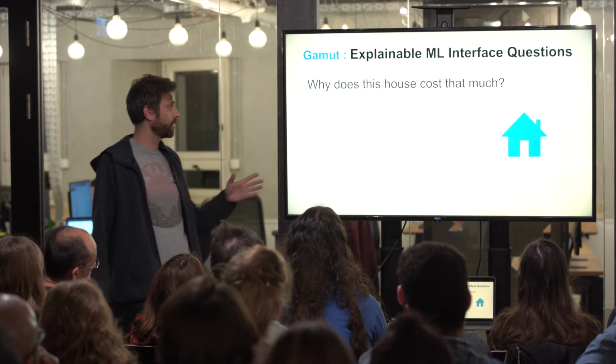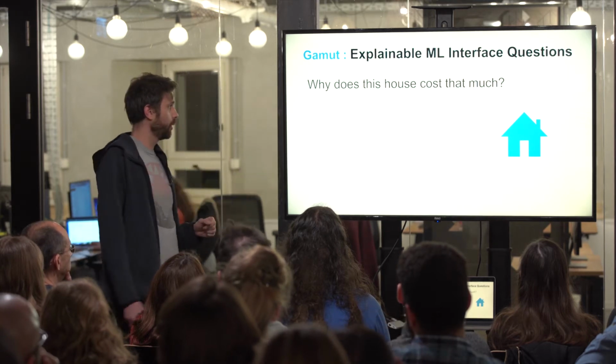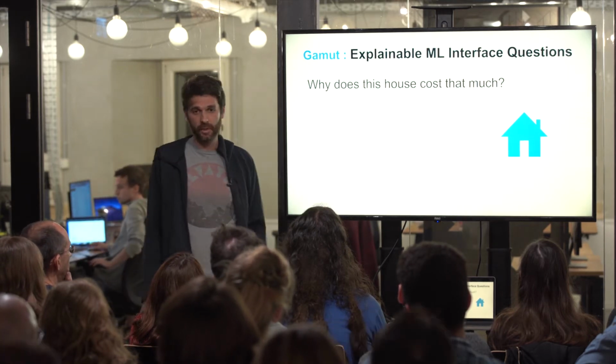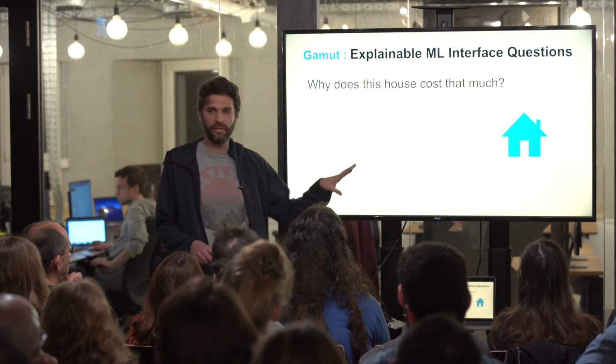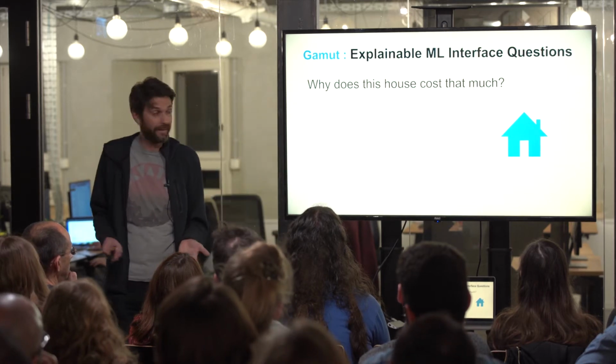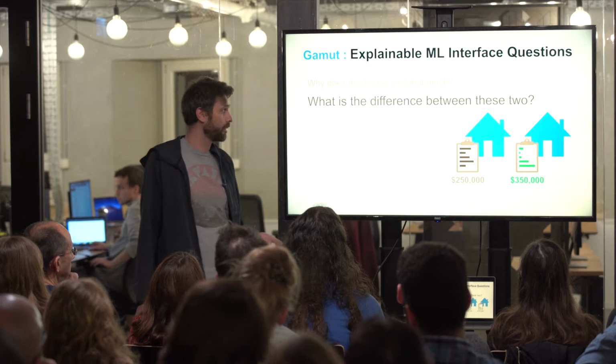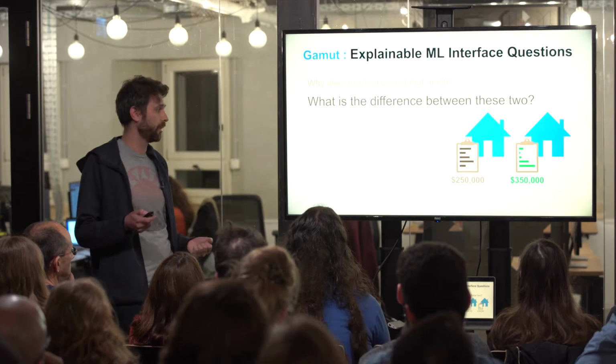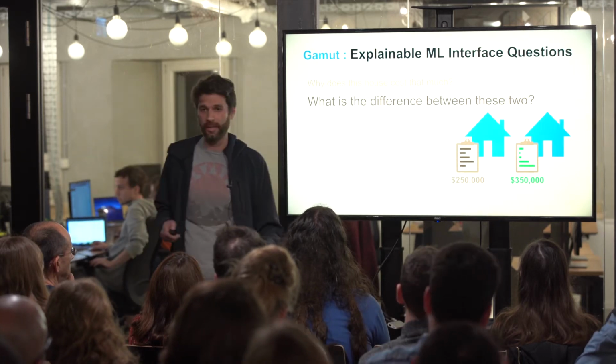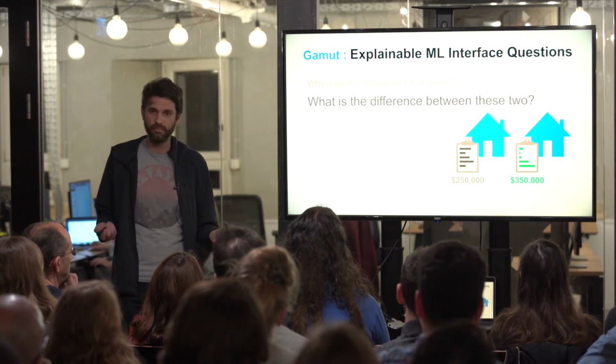So the first question was, for the pricing model, why does this house cost that much? So we enter a house, we get some price, why? The second was, what's the difference between those two houses? So we have one house priced more than the other. Why?